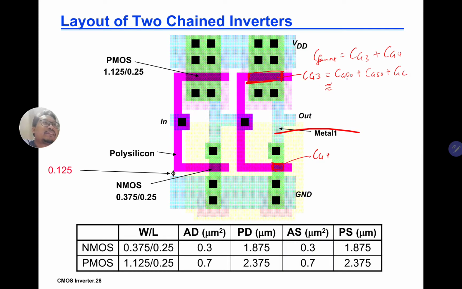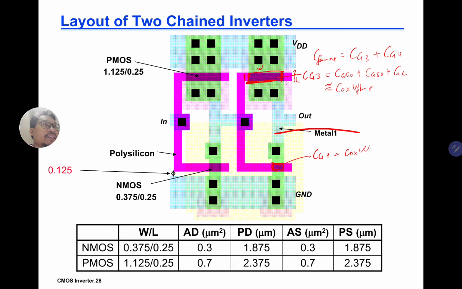But here they say we can just simplify. Basically, the capacitance there is Cox times W times L, where this is W and this is L. The oxide capacitance per area times the width times the length gives the capacitance of G3, and G4 is the same: Cox Wp Lp.